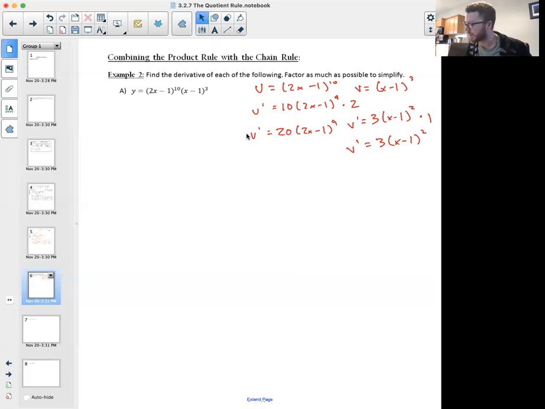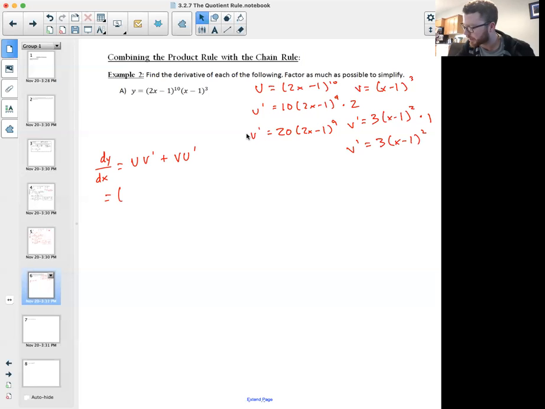Okay, so now that we have u prime and v prime, we can solve this using the product rule. So the product rule is u times v prime plus v times u prime. So now we can just substitute those in.